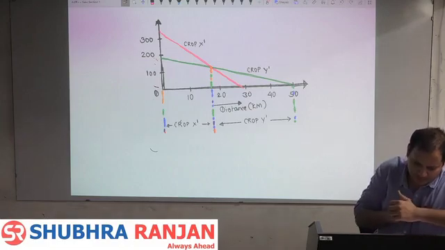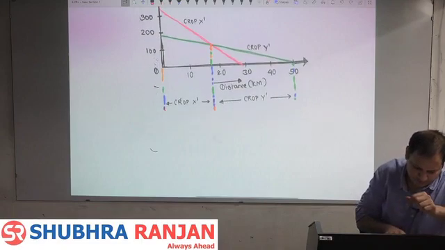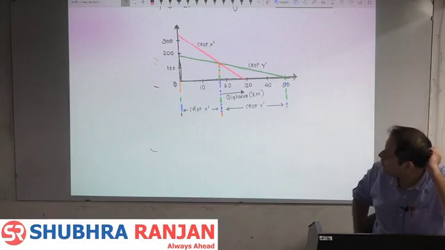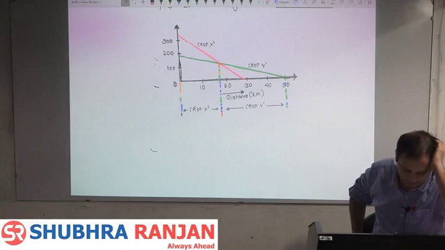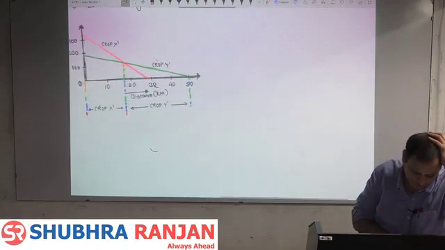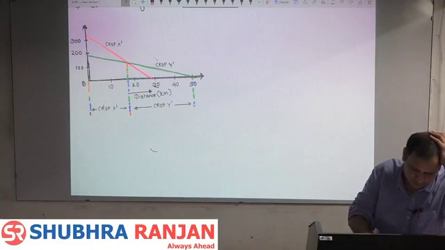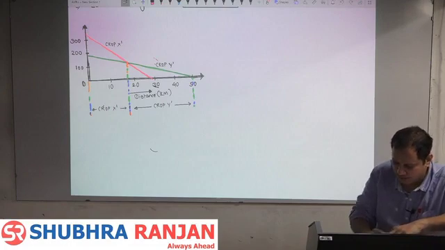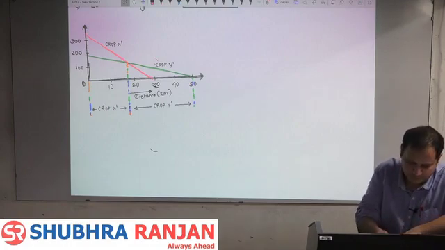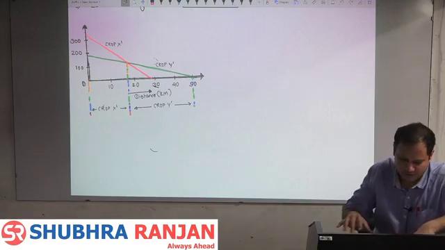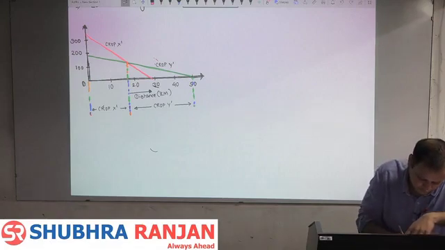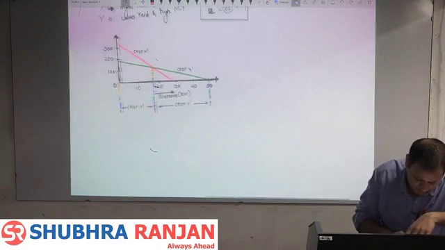Based on the above principles, von Thunen suggested a zonation theory of land use, as shown in the figure below.